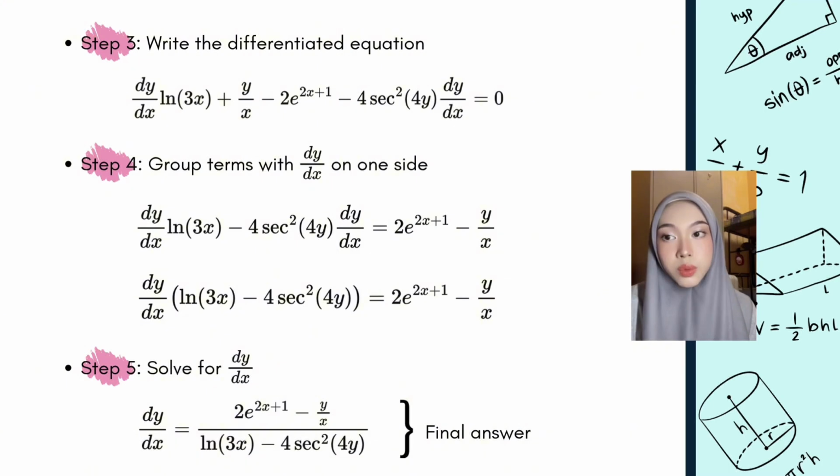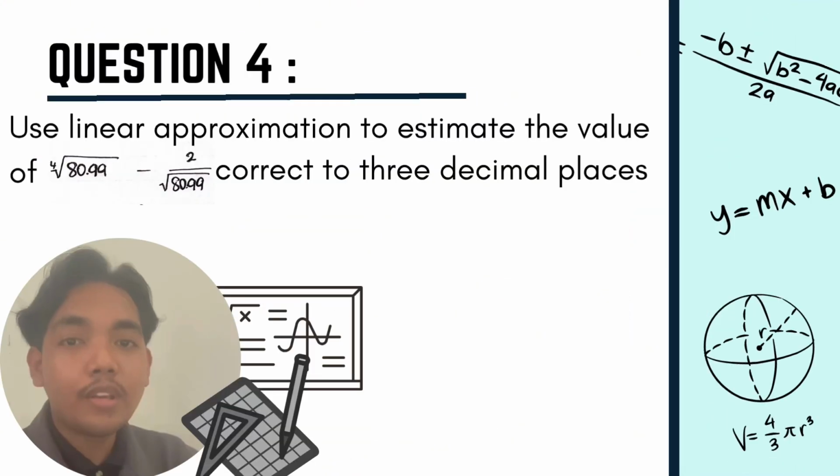And lastly, we solve for dy over dx. The final answer is dy over dx equals 2e in the power of 2x plus 1 minus y over x, over ln 3x minus 4 sec square 4y.